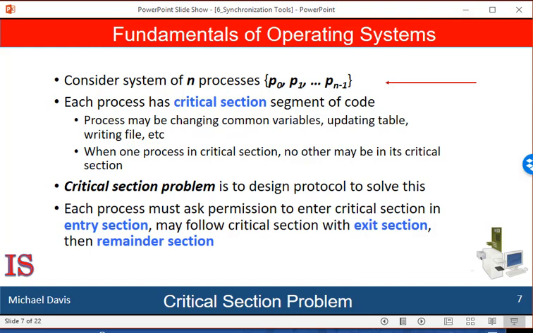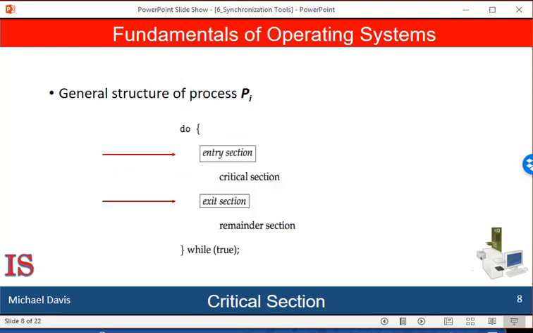The critical section may be followed by an exit section, and the remaining code is the remainder section. The general structure of a typical process is shown here. The entry section and exit sections are enclosed in boxes to highlight the importance of those segments of code.